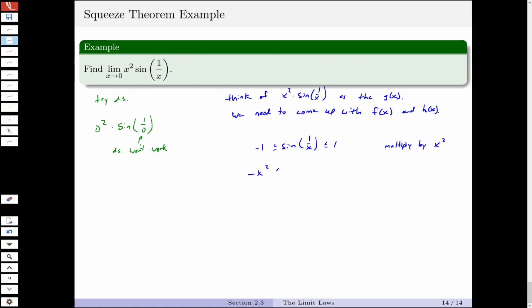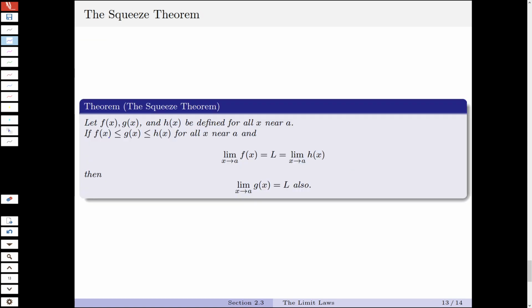So negative x squared is in between, oops, I forgot my x squared, is in between x squared times sine 1 over x and x squared. Multiply through by x squared, and now I have my bad function squeezed in between two other functions. That's the situation that we have here.